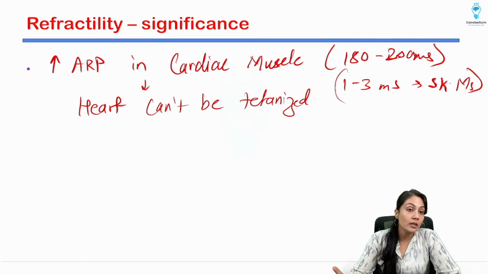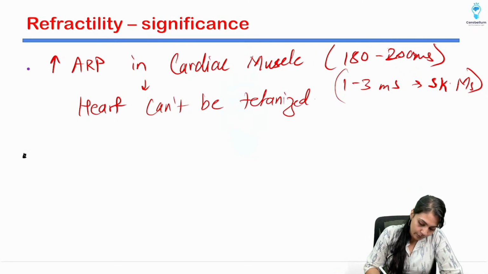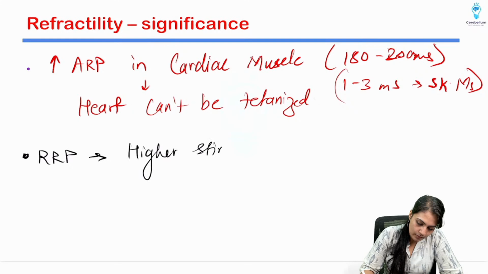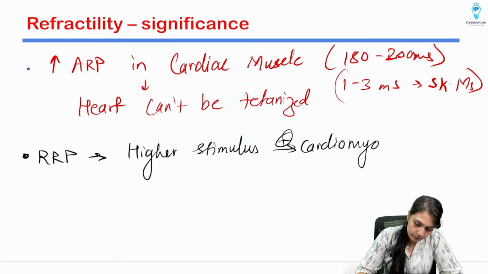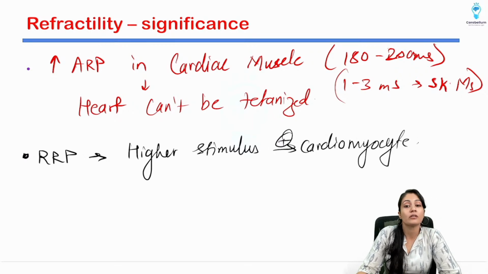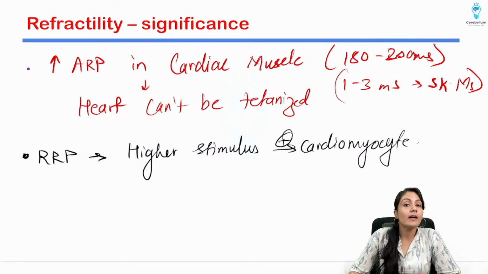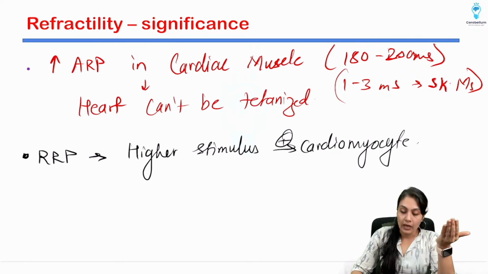And what about the RRP? If you give a higher stimulus, you can stimulate the heart muscle. That means a supra-threshold stimulus, right? In the RRP itself, it can give another response.